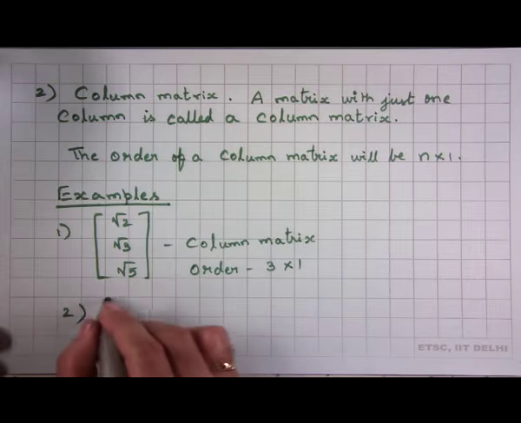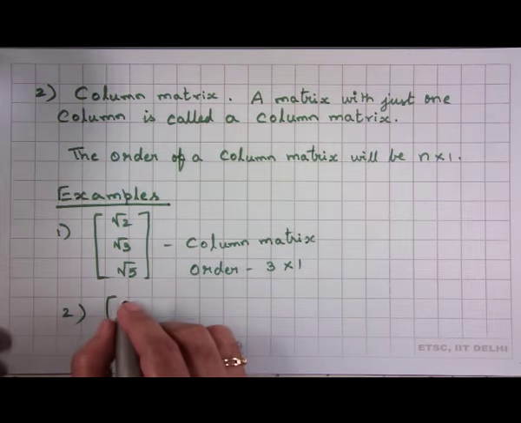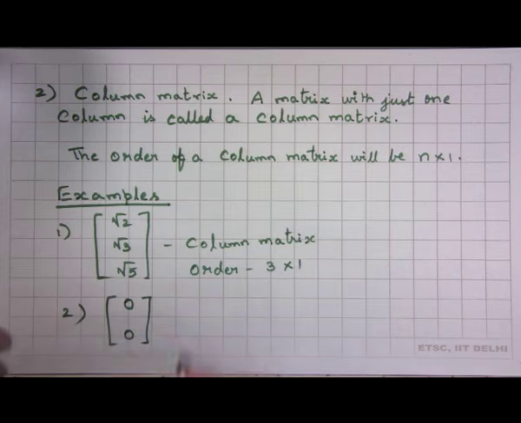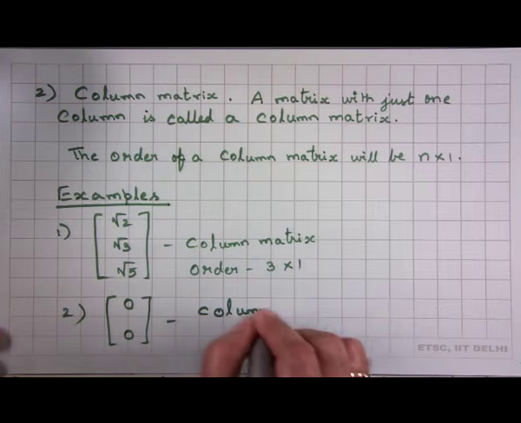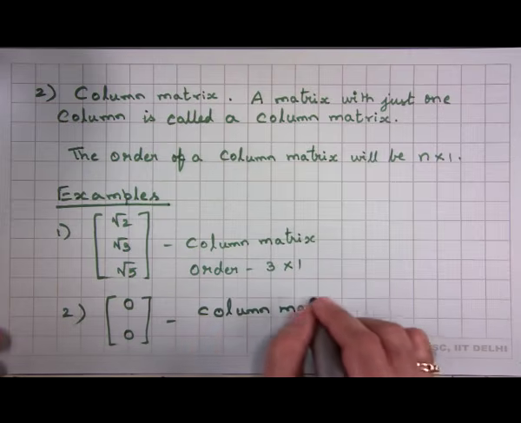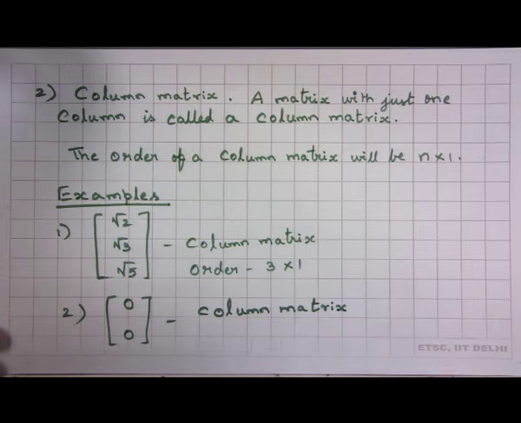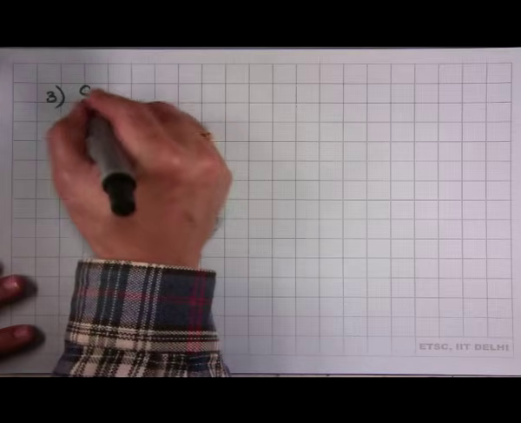Let us look at one more example: 0, 0. This is again a column matrix, and its order is 2 by 1.